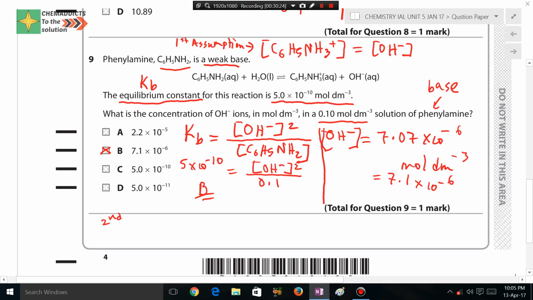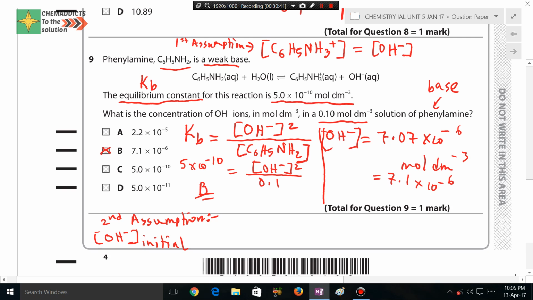Well, now let's talk about the second assumption. The second assumption is the concentration of hydroxide ion initially.